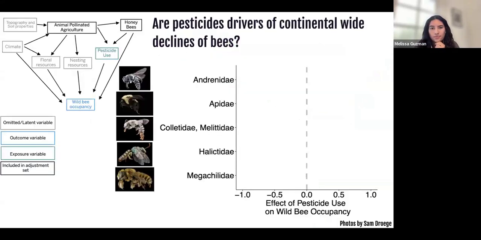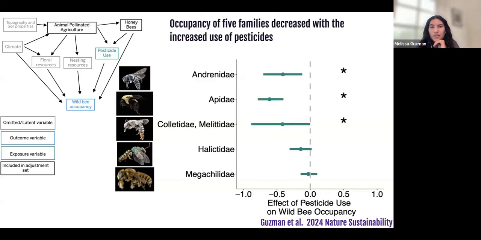in certain years. Okay, so on the top left-hand side, I'm showing you the different causal diagrams that I used, both the variables that were included in the analysis and the variables that were omitted or not needed. I wanted to know whether pesticides are driving changes in occupancy for bees. Here I'm going to show you family-level means.